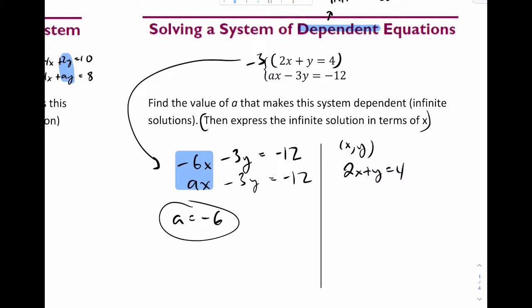I could have grabbed the other one too, once I plug in -6, since they're the same equation. I just solve for y. So y equals -2x plus 4. And now what I'm going to do is take this and plug it in right there. So our infinite solution in terms of x is x comma -2x plus 4.